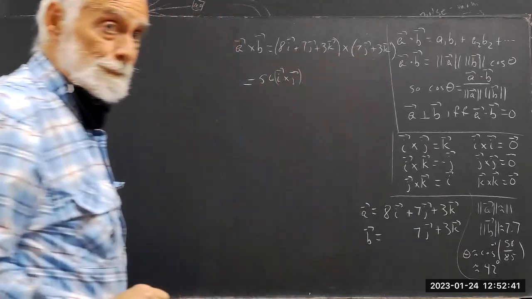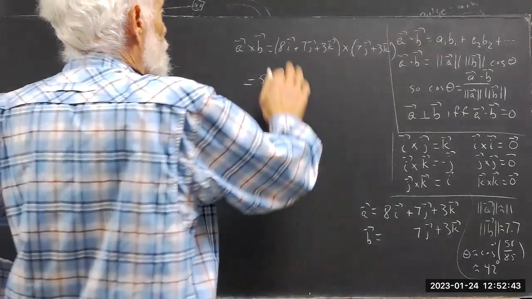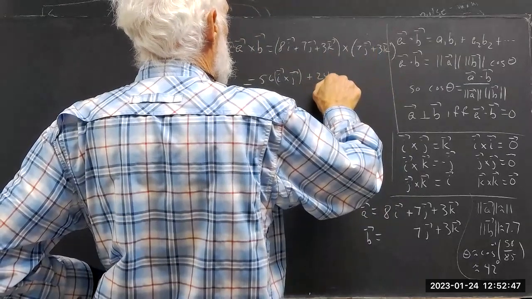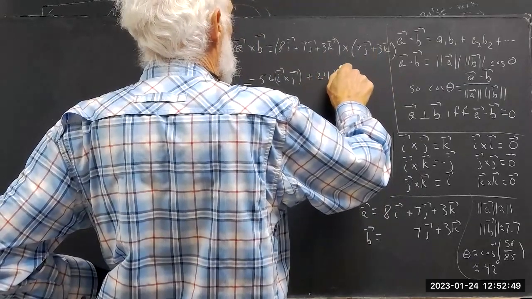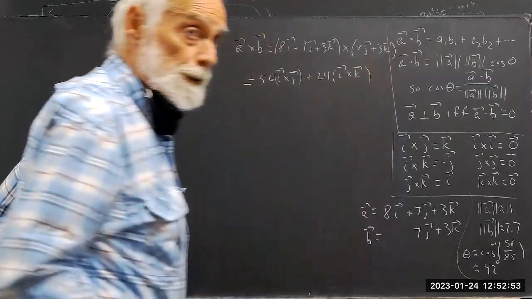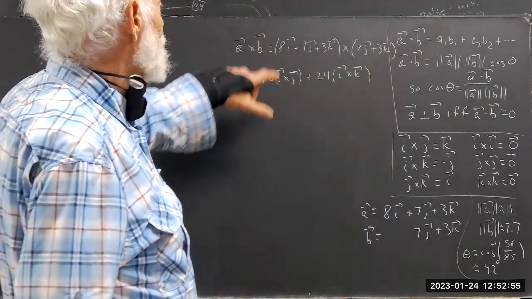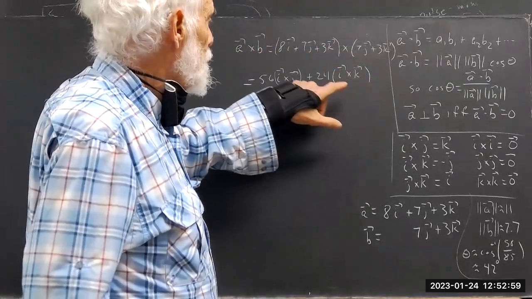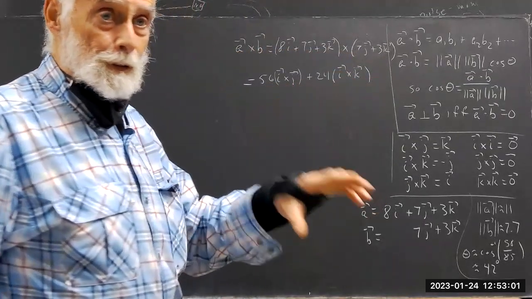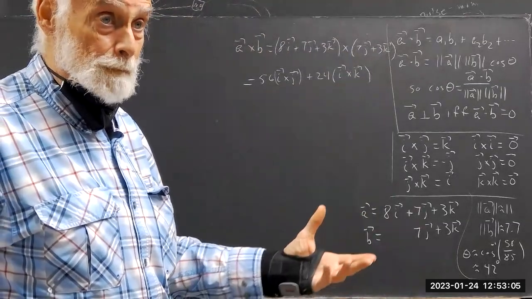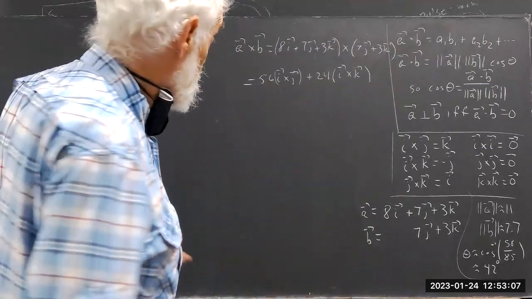And then we have 8i crossed with 3k. I could write this out as 8 times 7 times i cross j, and 8 times 3 times i cross k, just to make sure you see what it is. But do you see what it is without me doing that? You okay with that? Right.